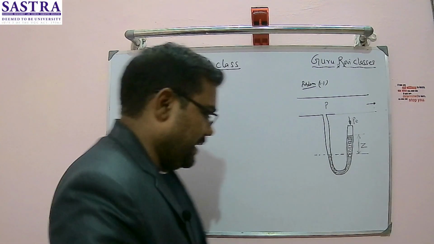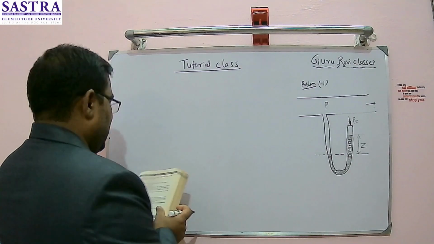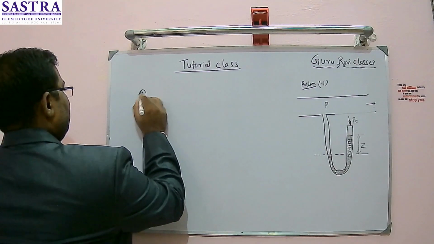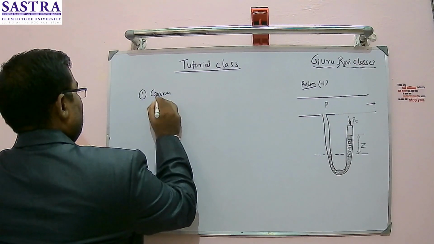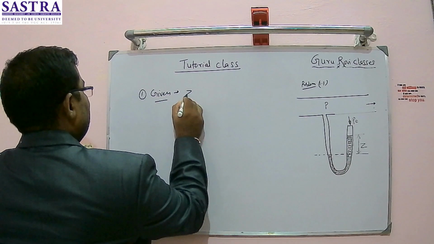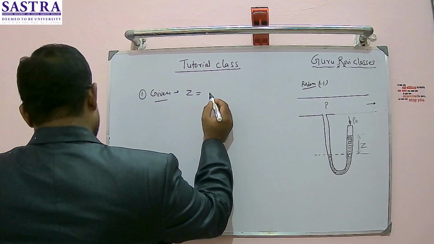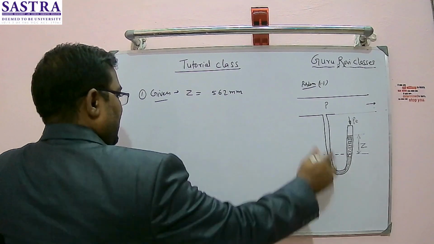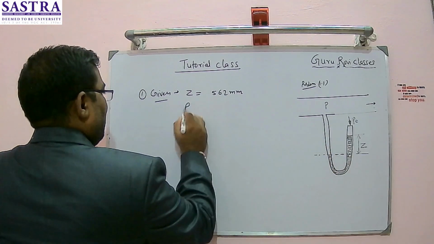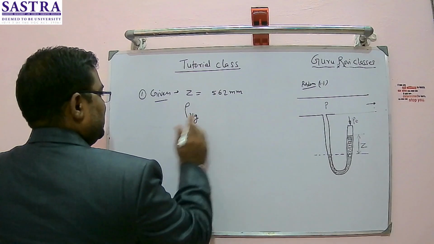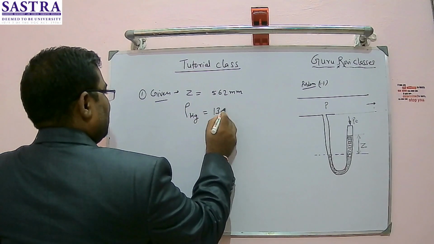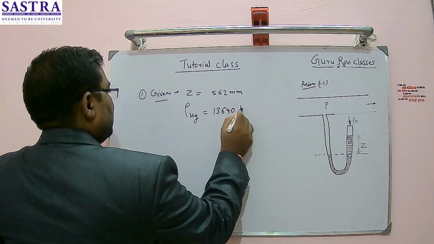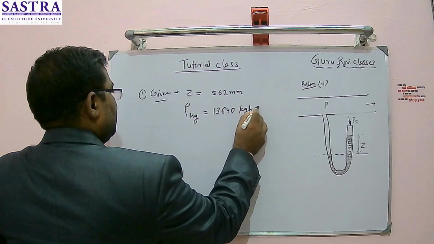So I will be writing here what is basically given. The first problem, given data, you can summarize here. Datum is basically given as 562 mm, and the density of mercury, Hg, is given 13,640 kilogram per meter cube, which is also mentioned.